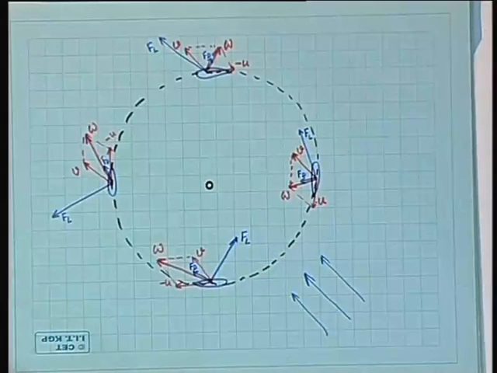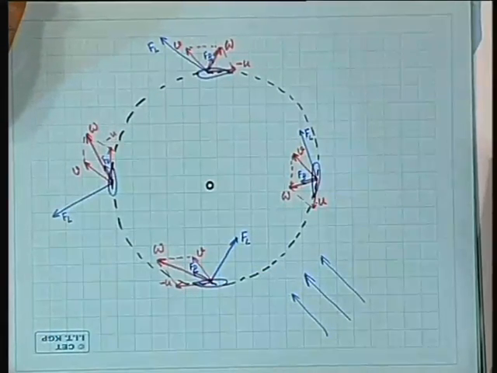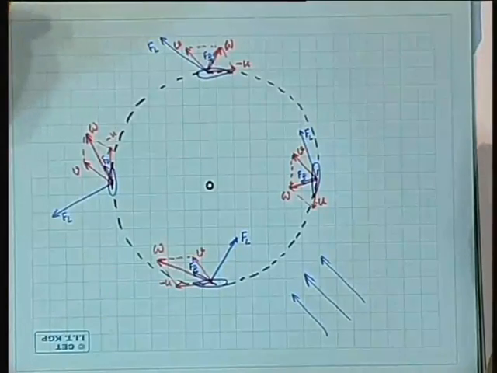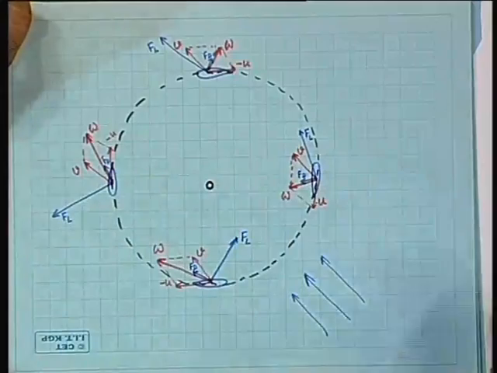You notice that everywhere, well, almost everywhere, there is a component of the lift force in the direction of the motion, and as a result there will be positive torque produced and it will keep rotating.